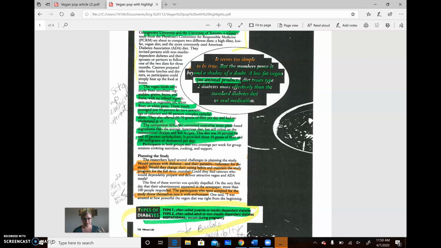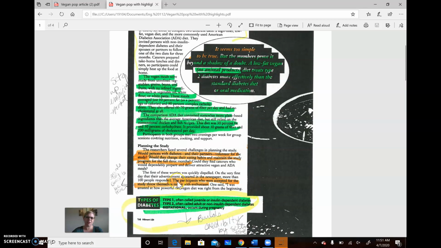It sets up this kind of experiment for us, so we know they're doing something that at least has a backbone. That's good. I also marked a few places in here that felt more emotional. I think you could argue some of this, like the sentence where it says the participants who were accepted for the study threw themselves in with enthusiasm.